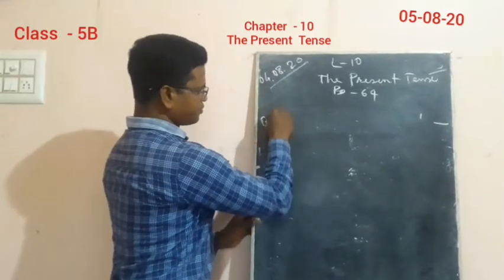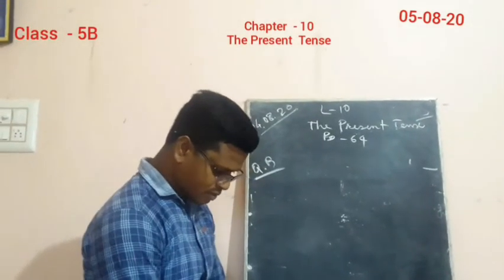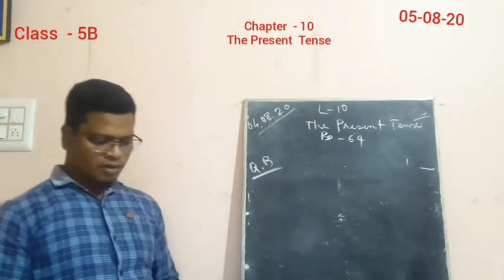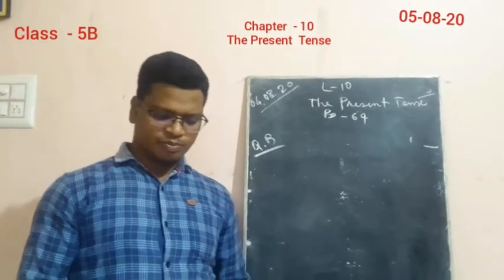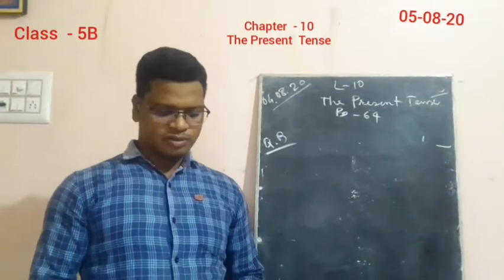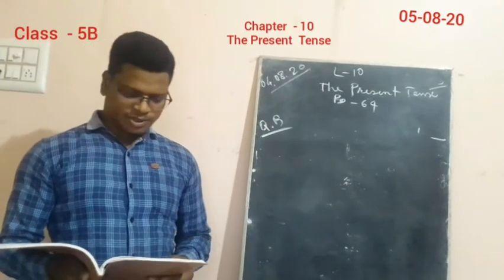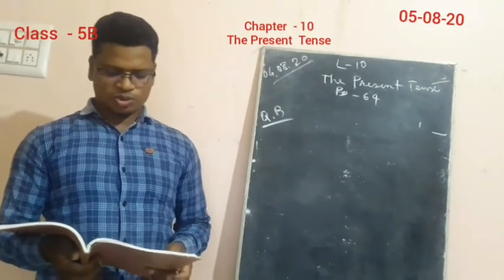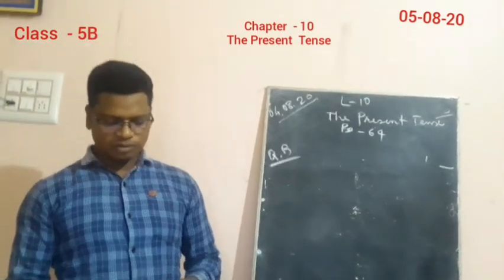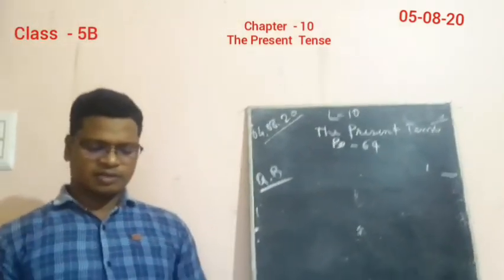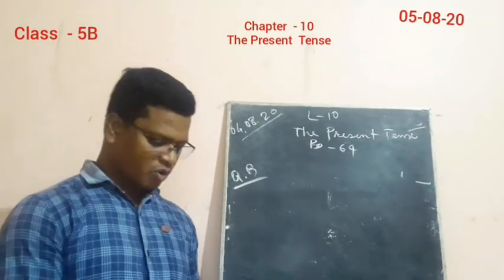Question number B. Here it is. I dash 4 slices of bread. Then you see, I dash some vegetables, tomatoes, then cucumbers. So this way, sentences are there. Please do them on your own.